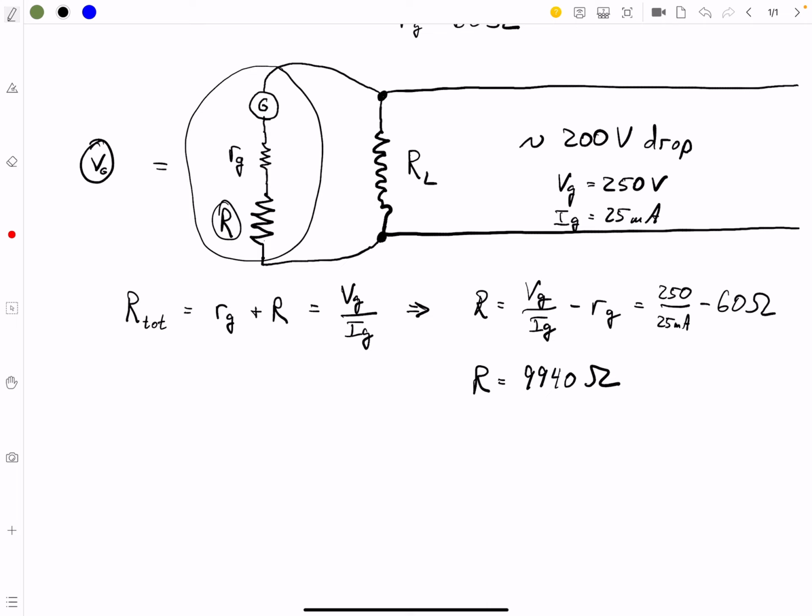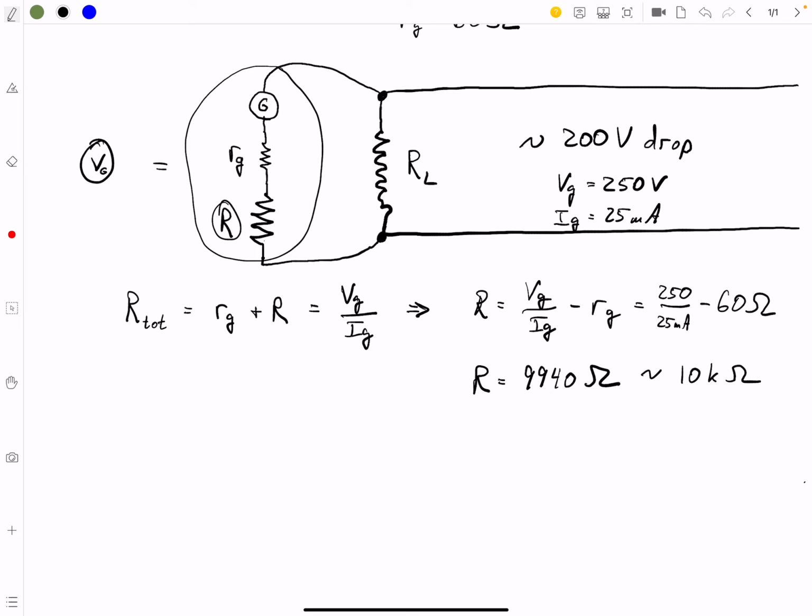So 9,940 ohms is what got put in place, and it was probably 10,000 ohms. It's so close to 10,000 that I can't imagine they do something crazy just to take a little bit off of it.